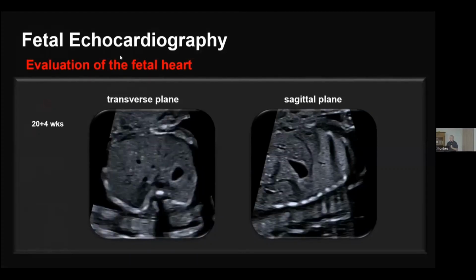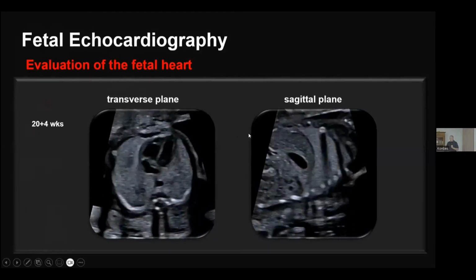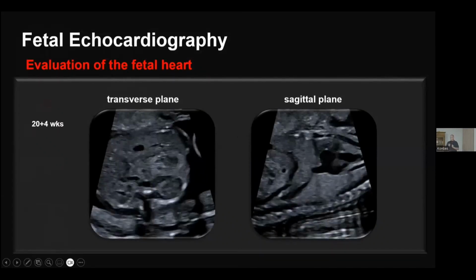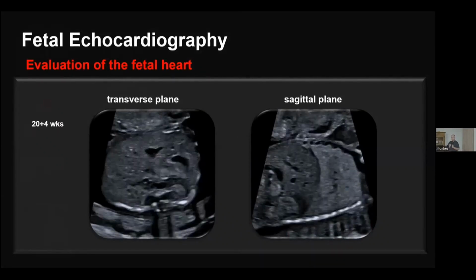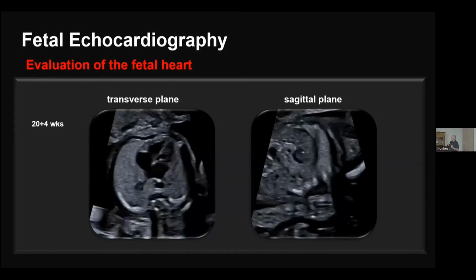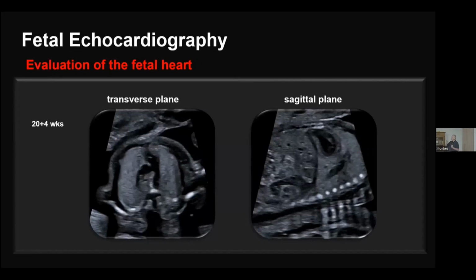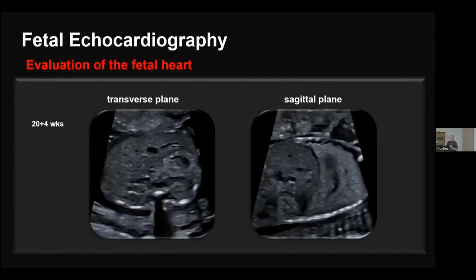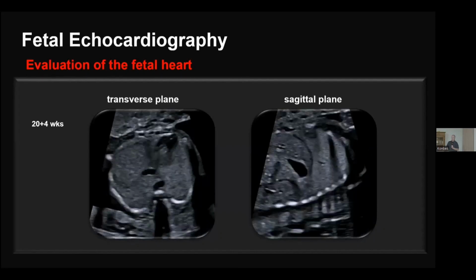So we also start in the sagittal plane, where we can see the outflow tract very well, especially the pulmonary artery, the pulmonary trunk, and also the aortic arch. That was black and white, but we start with this to understand the planes.